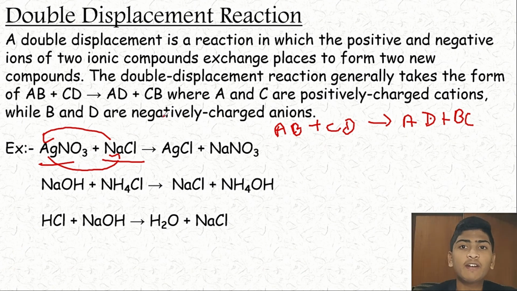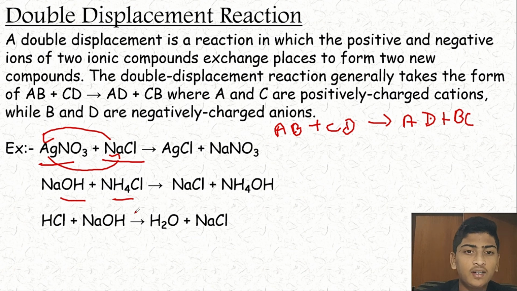We can identify a base by the OH in it and an acid by the H. Here NaOH is a base and NH4Cl is an acid. These two interchange their places, giving NaCl and NH4OH.